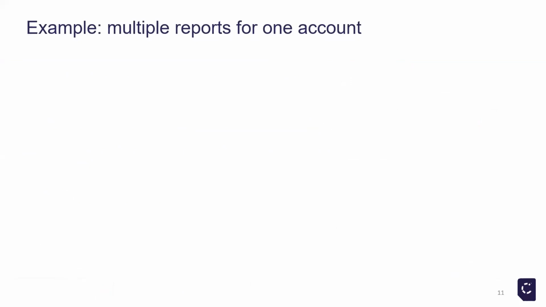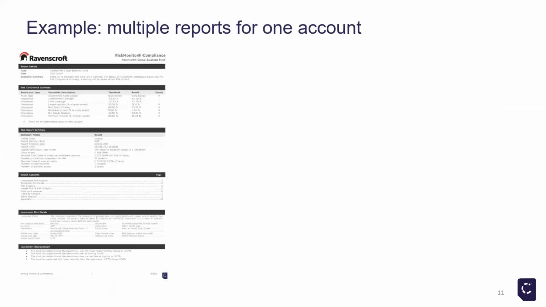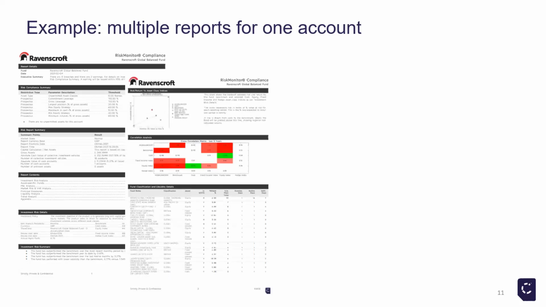What's interesting for us is that, given a set of data from a client, we can produce multiple report classes and types for them. For example, I have here a screenshot of a compliance report for a given account, where you can see a summary of tables with the compliance status in green, or in this case there are 2 warnings, and some of the results and tables, plots, etc. that we add.